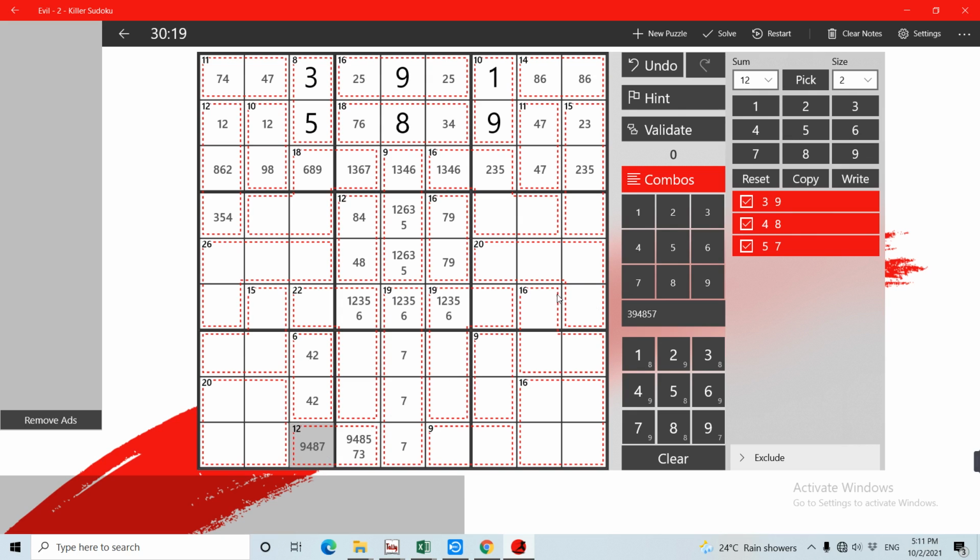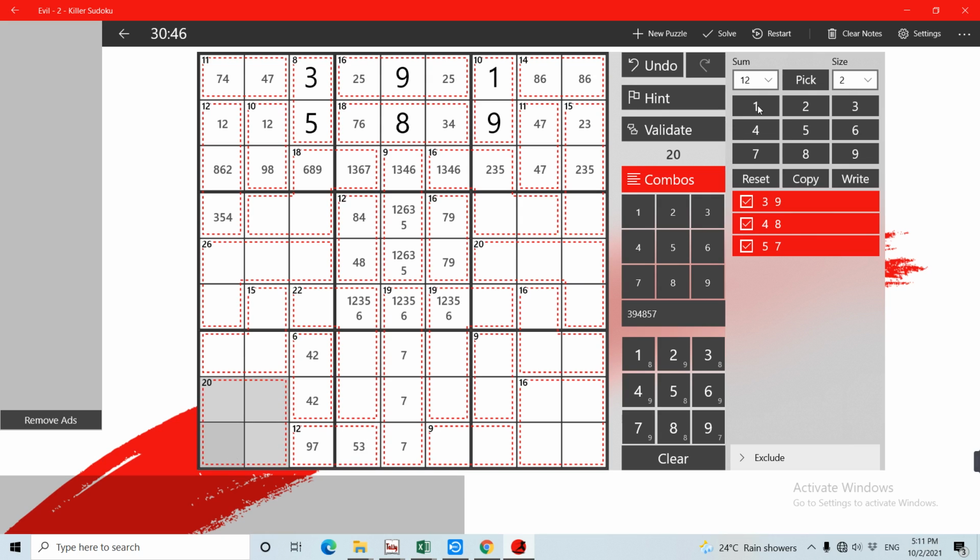And I cannot have the 4 and 8. So this is going to be, I cannot have 9 and 7 as well. So this is going to be 9 and 7 or 5 and 3.